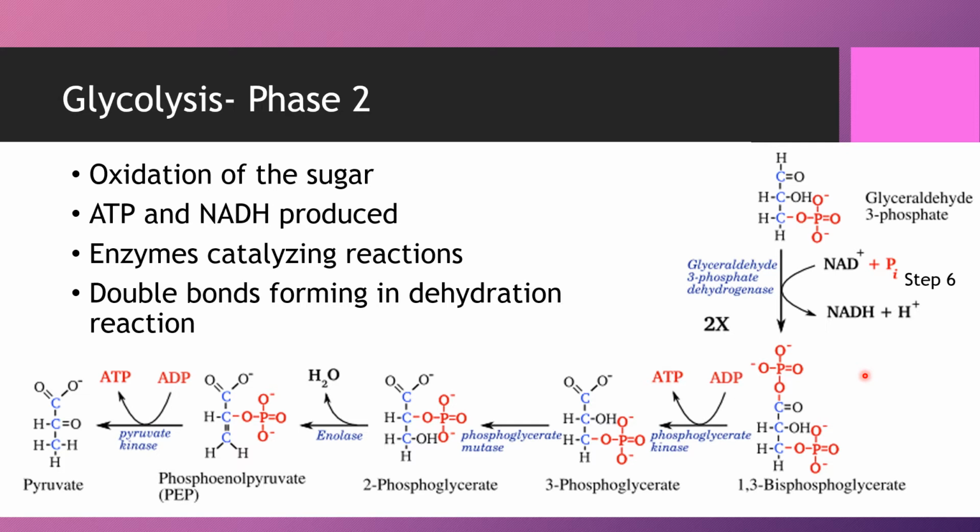It gains that second phosphate group, making the 1,3-bisphosphoglycerate seen at the bottom right corner of the diagram over here.